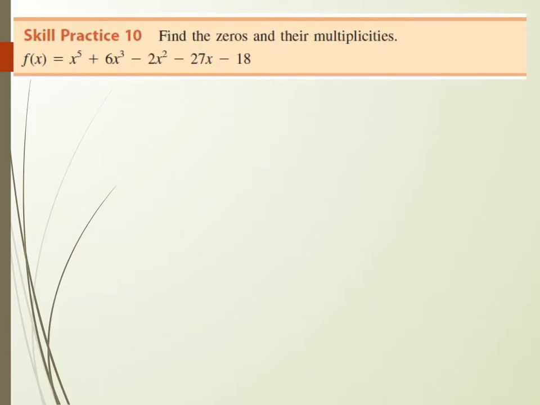So the last term is going to be plus or minus 18, plus or minus 9, plus or minus 3, plus or minus 6, plus or minus 2, and plus or minus 1.